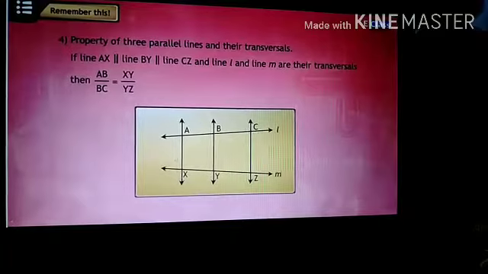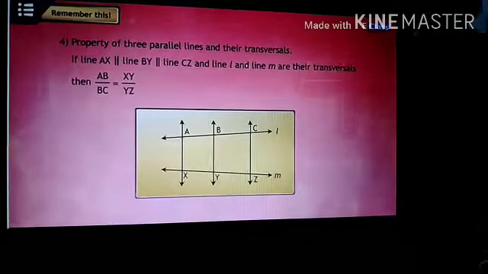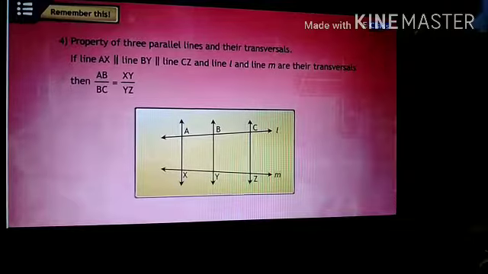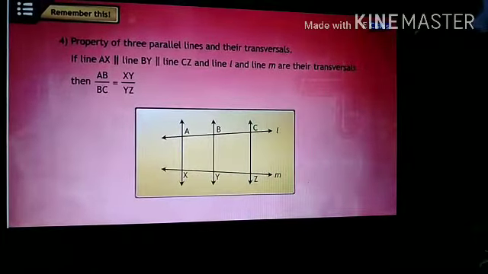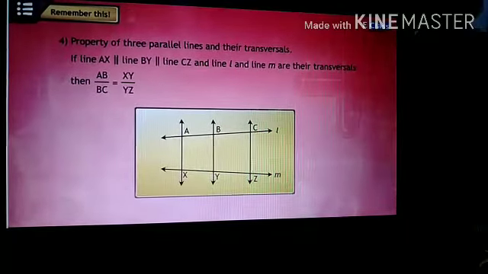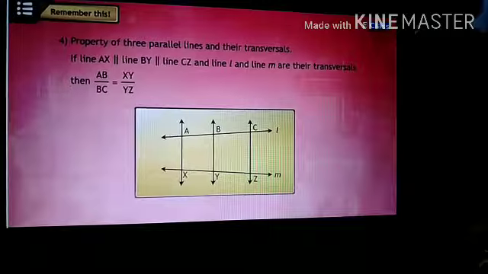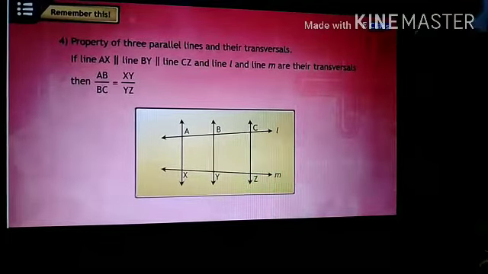Then we studied the property of three parallel lines and their transversal. It states the ratio of the intercepts made on a transversal by three parallel lines is equal to the ratio of the corresponding intercepts made on any other transversal by the same parallel lines.